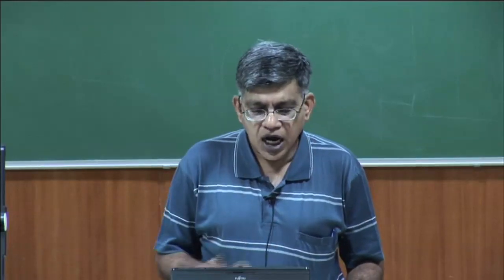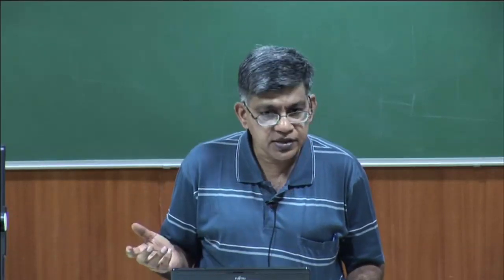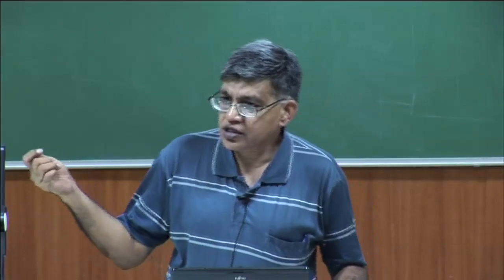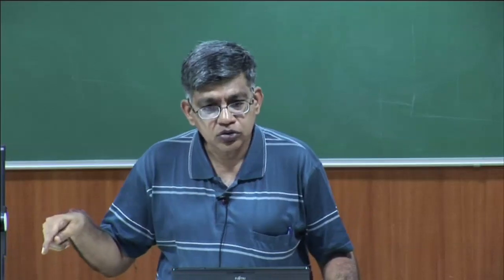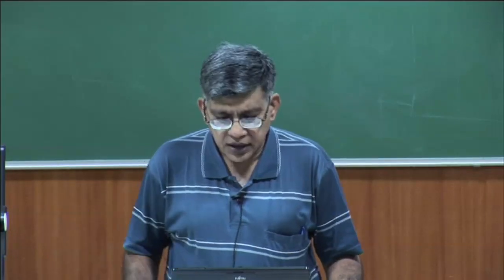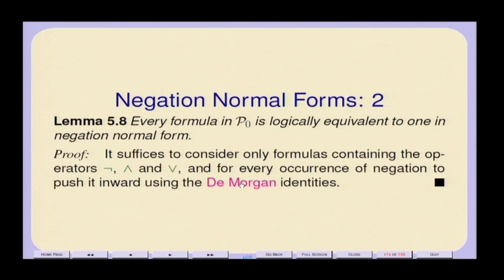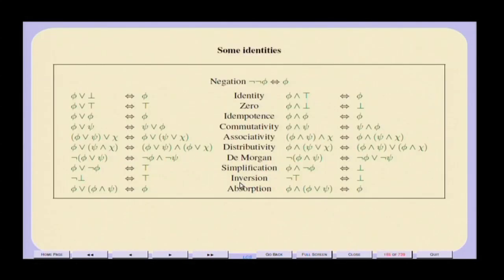What do I do? I just use De Morgan's identities to push the negation inside and bring them down to the leaves. There is one thing more also: I need to use the double negation law to cancel out the negations, though I have not mentioned it.